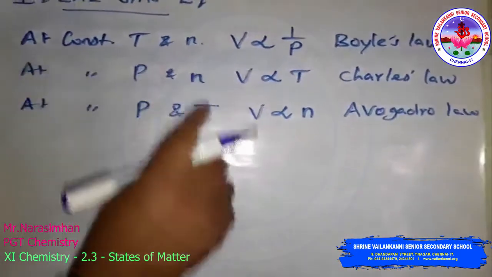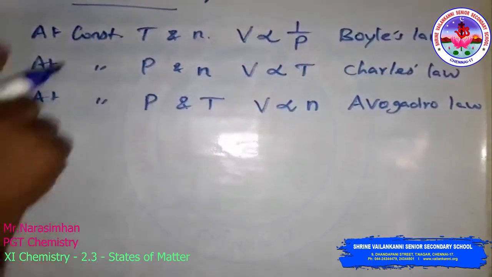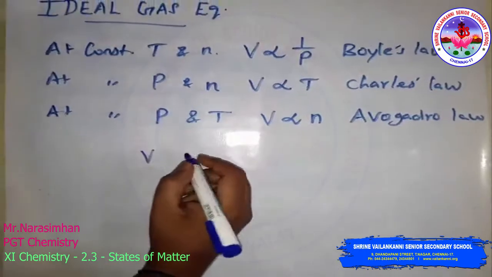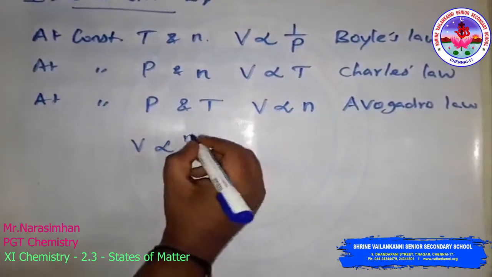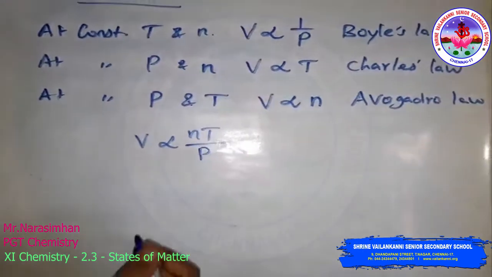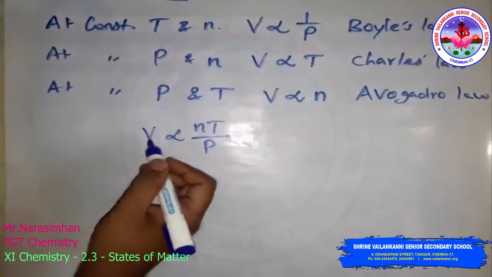So the combined form of these three laws is called the ideal gas equation. Now we can relate this: V is proportional to nT divided by P. Here we have to introduce a proportionality constant.